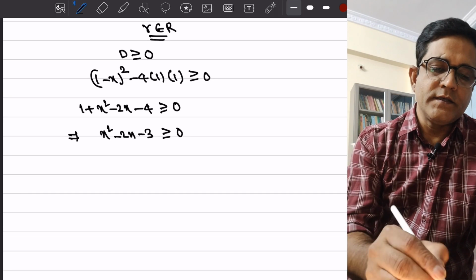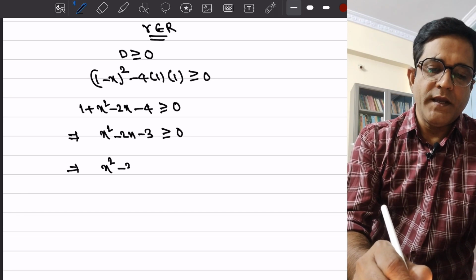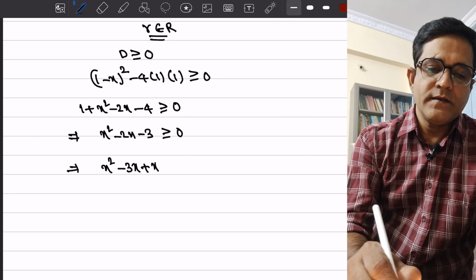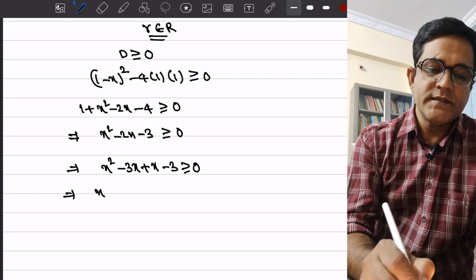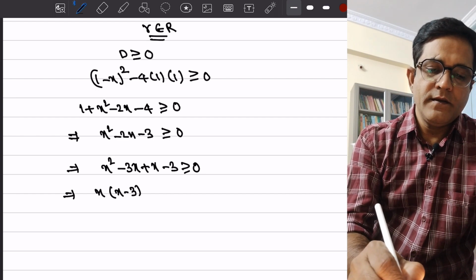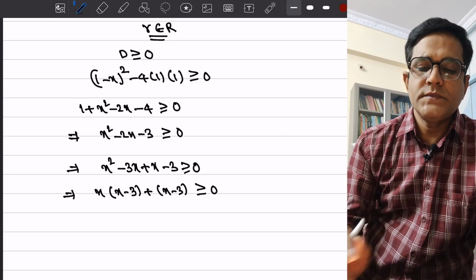Now factorize it. If you factorize, then what you get? x square minus 3x plus x minus 3 is greater than or equal to 0. That implies x into x minus 3 plus x minus 3 is greater than or equal to 0.